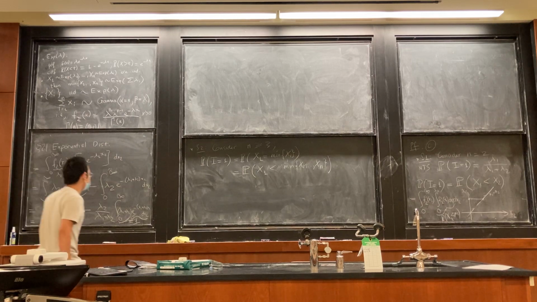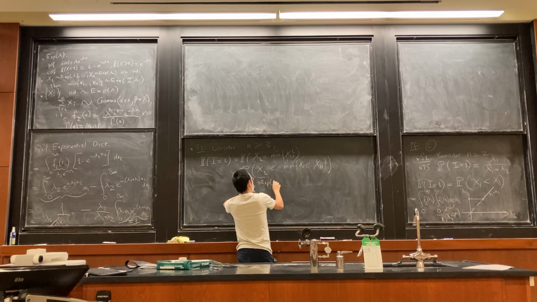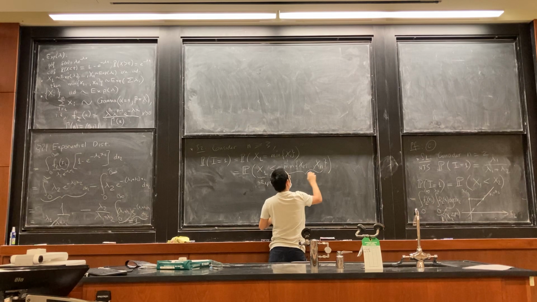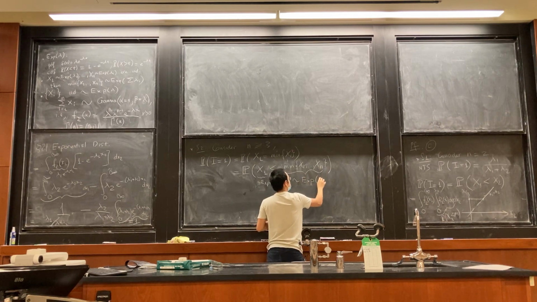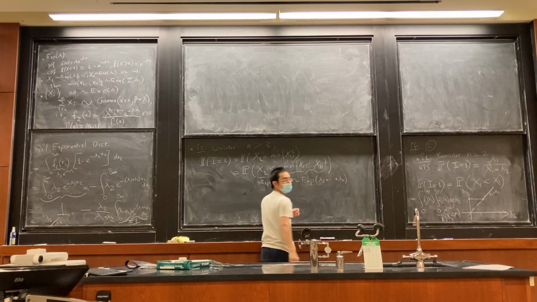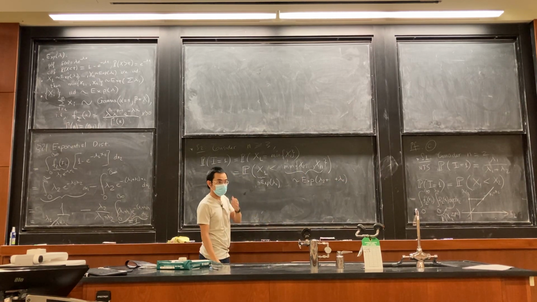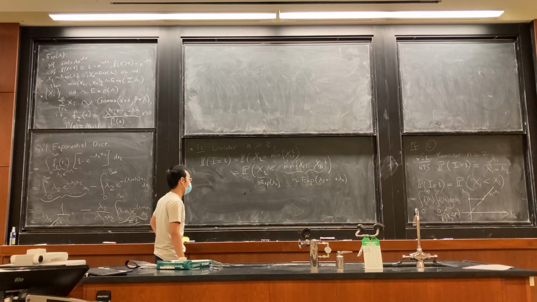So this is exponential lambda 1, and this is exponential lambda 2 plus up to lambda n, right? According to the fact above, the minimum of a collection of exponentials is exponential.